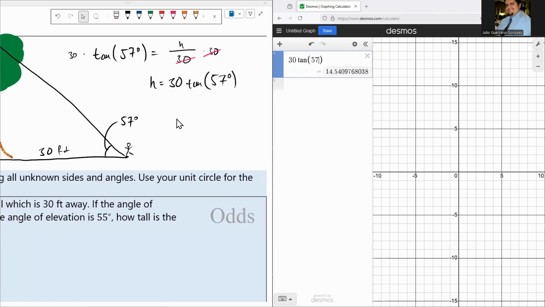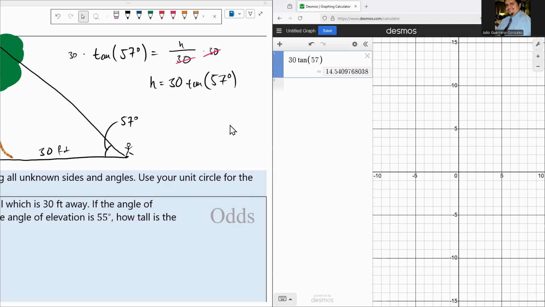Now, I will have to warn everybody that for every calculator that handles trigonometric stuff, there are two modes. One mode is if you're going to be using angles in degrees. And the other mode is if you're going to be using angles in radians. Depending on what angle you're going to put in, you got to make sure you're in that mode.